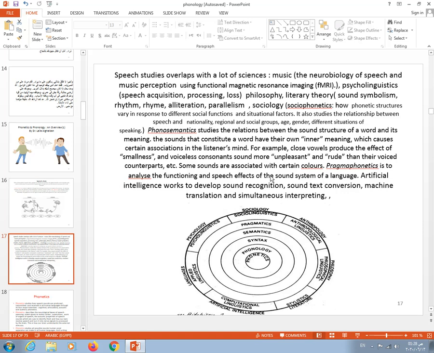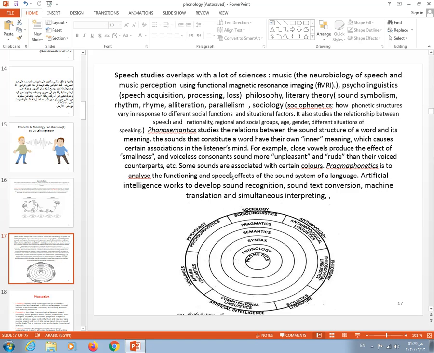For example, closed vowels produce the effect of smallness, and voiceless consonants are to some extent unpleasant. They have developed unpleasant meanings or rude associations. Whereas voiced consonants are associated with intimacy and positive emotions and so on.